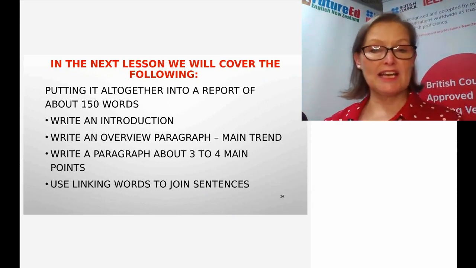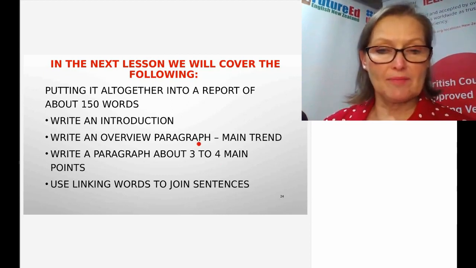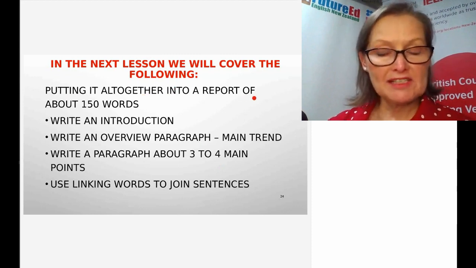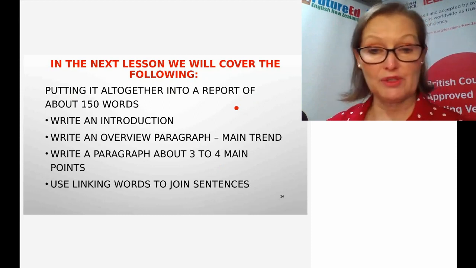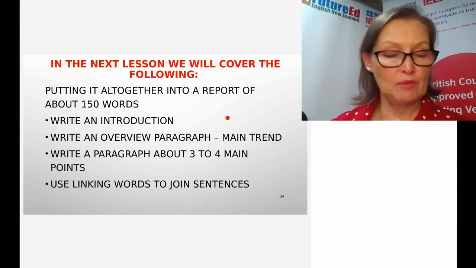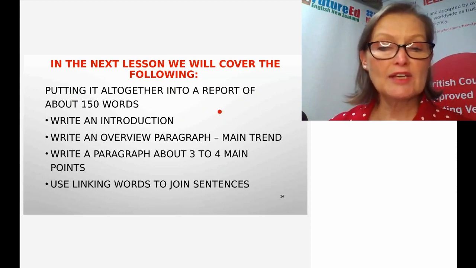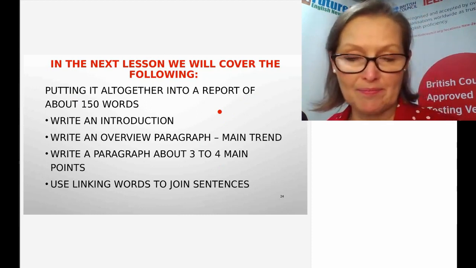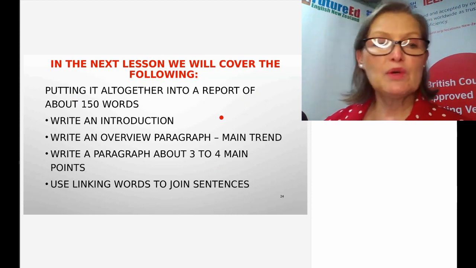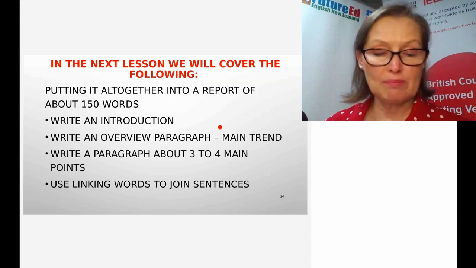So in the next lesson that I do on line graphs, I'm going to be covering the following. We're going to be putting all of these sentences together into a report of about 150 words. And we're going to write a short introduction. And we're going to write an overview paragraph where we describe the main trend. Remember the word that we used in the very first slide tonight, and that was we need to analyze a report.